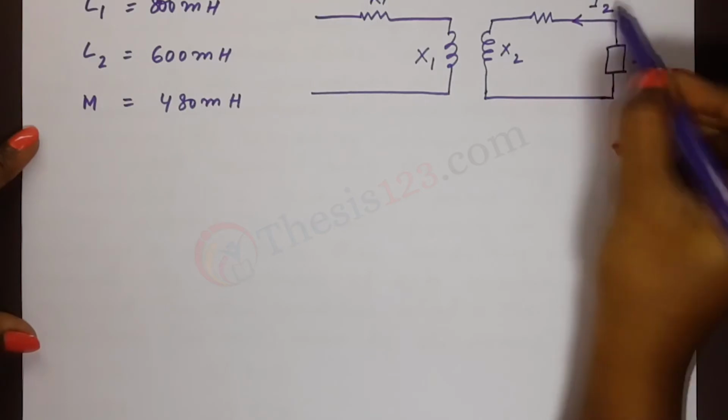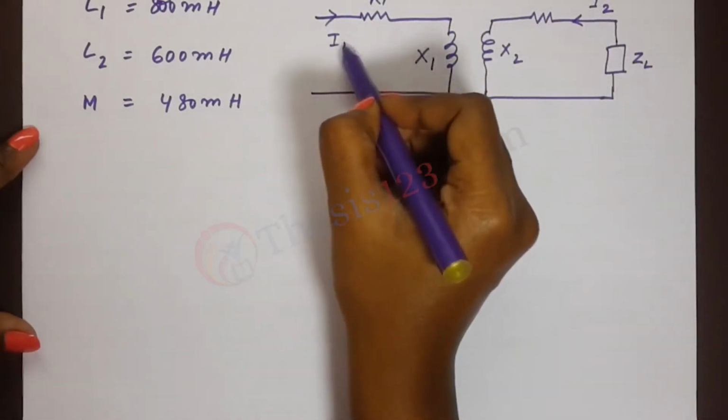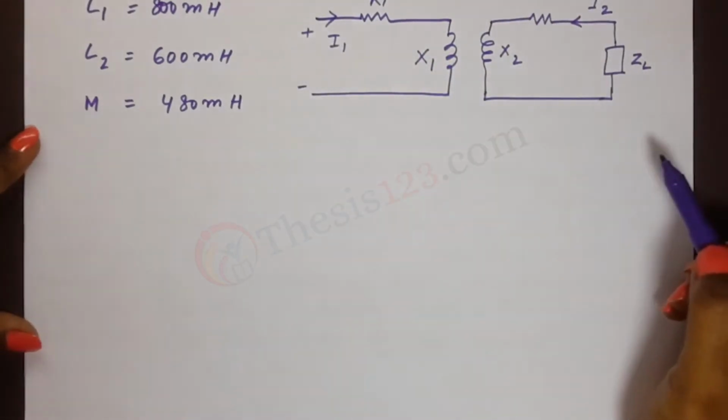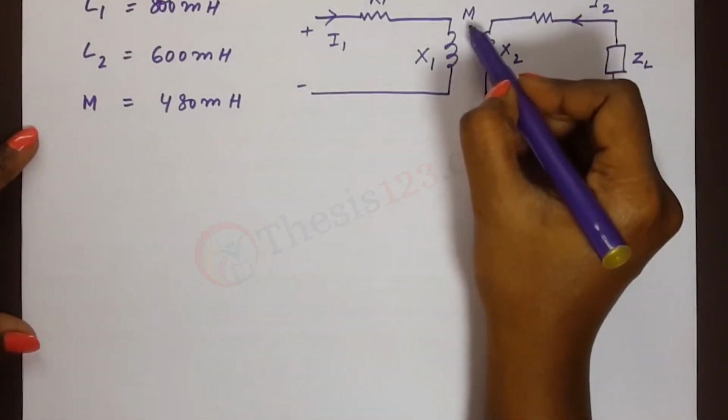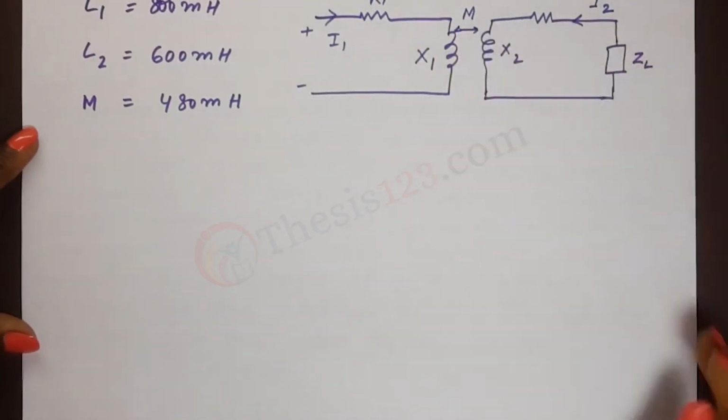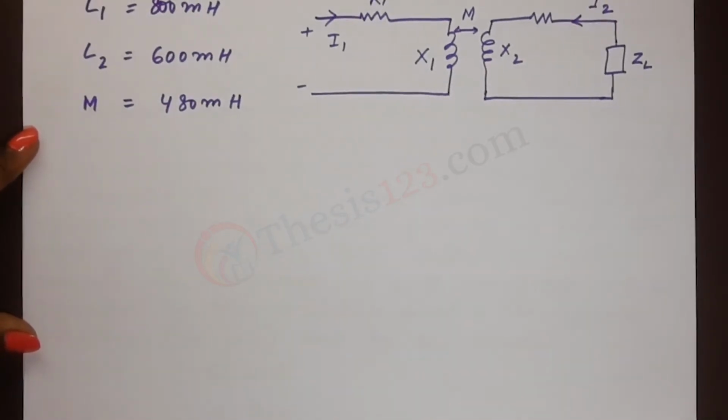The current here is I2, the current here is I1. Those are our terminals, and we have our mutual inductance given to us, M. Okay, so this is a very basic diagram.